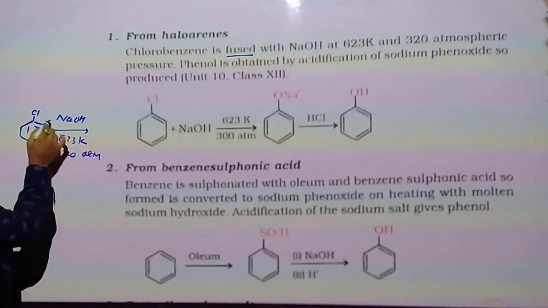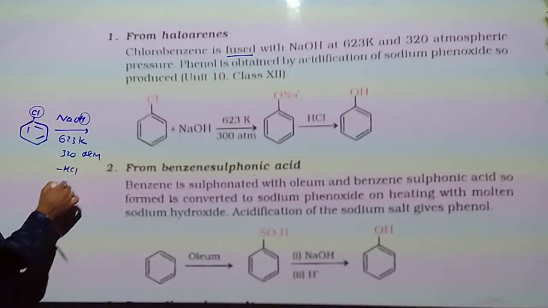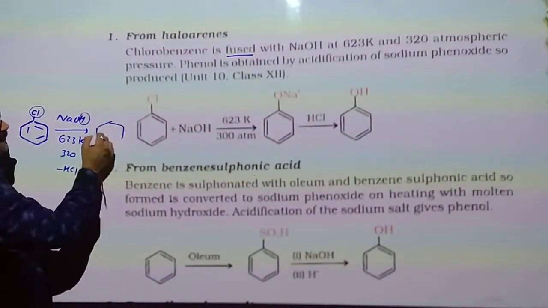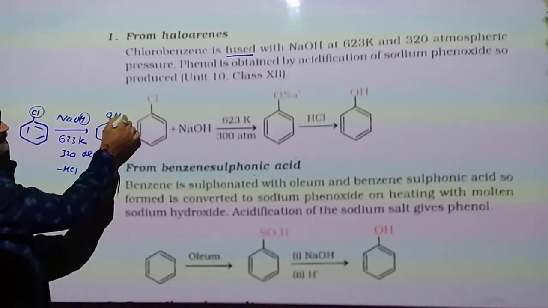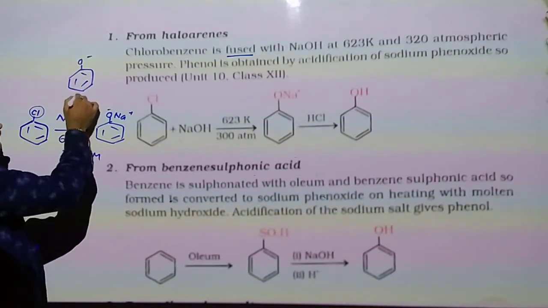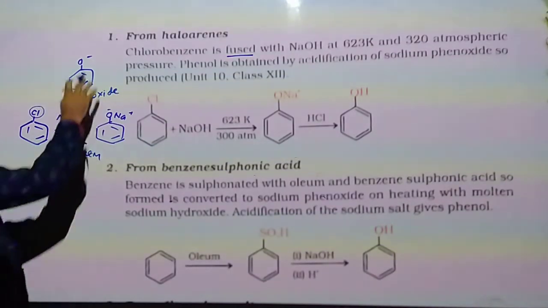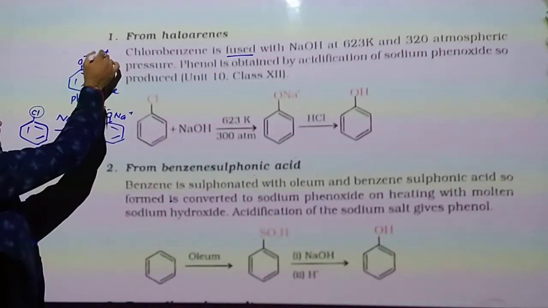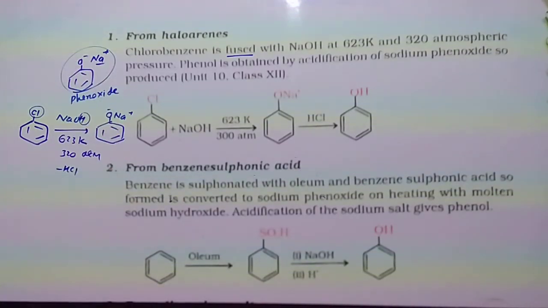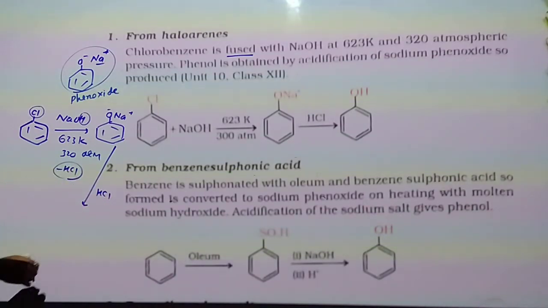So what happens there actually? Chlorine leaves with H as HCl and ONa combines there. The benzene ring contains only oxygen, which is phenoxide, and it contains Na plus, so it is sodium phenoxide. Then after that we have to acidify it, meaning add acid.